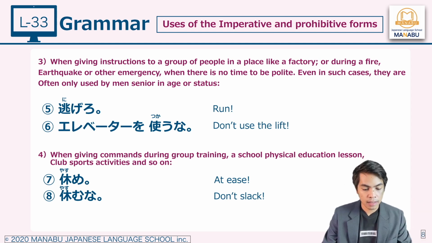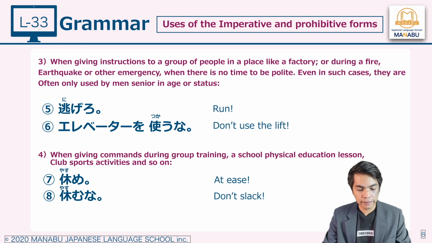Don't use it. Number 4, when giving commands during group training, a school physical education lesson, club sports activities, and so on. So for example number 7, yasume. And example number 8, yasumuna.